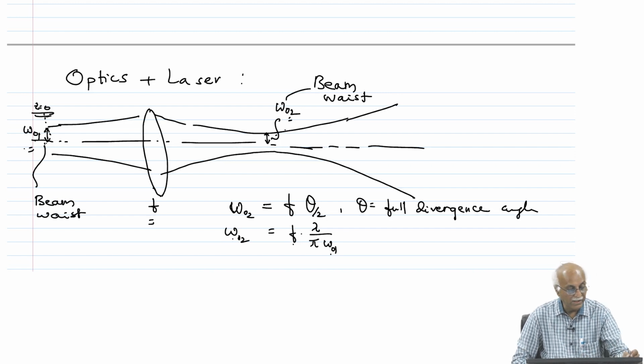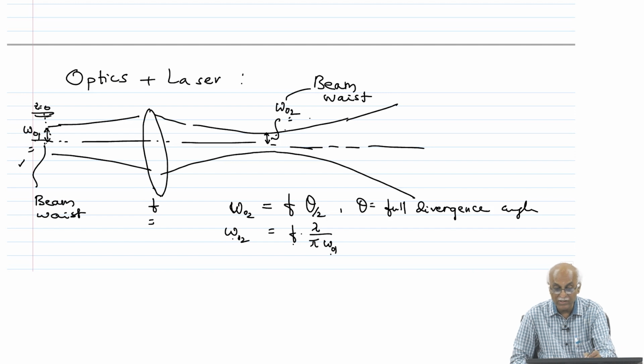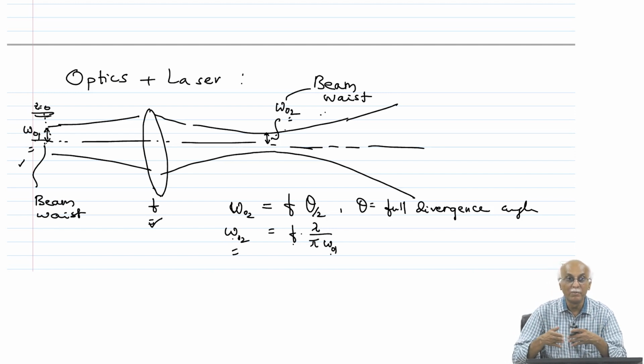So, if I know the beam waist I want to achieve, I will select a convex lens of a particular focal length. And remember, the beam spot size also depends upon wavelength. If the wavelength is long, my beam will not get focused to a very small spot size.